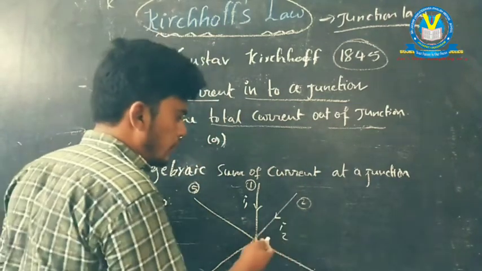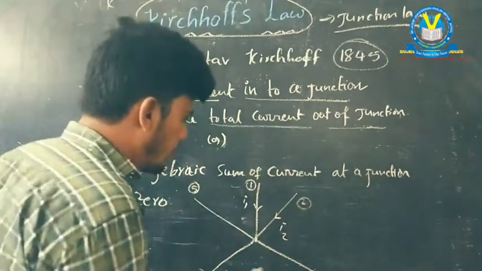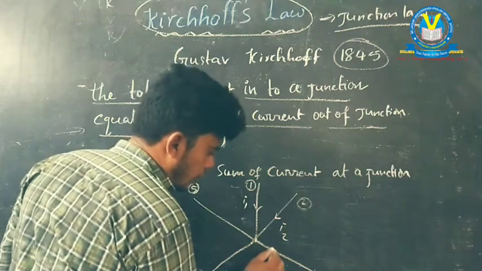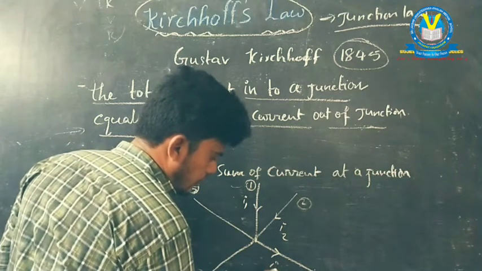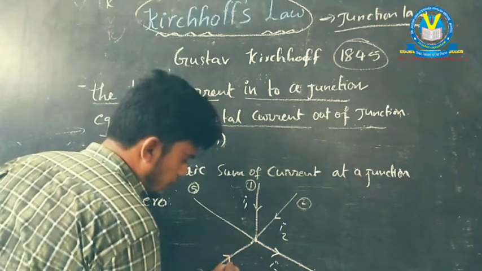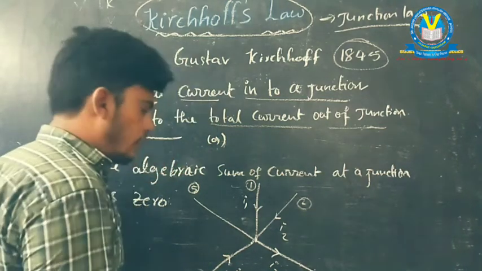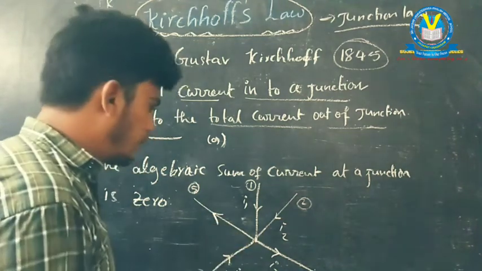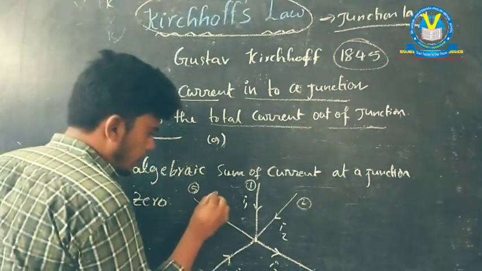Conductor 3 goes out of the junction. This is I3, and conductor 4 goes into the junction, it is I4, and in conductor 5, the current flows out of the junction, it is I5.